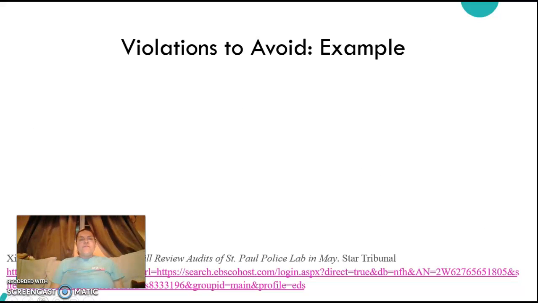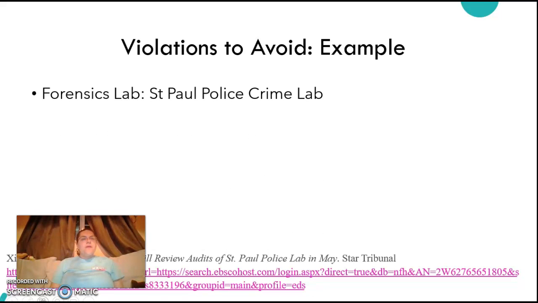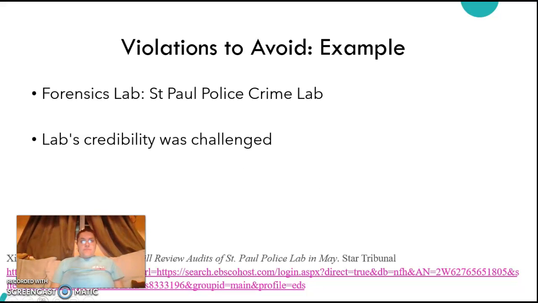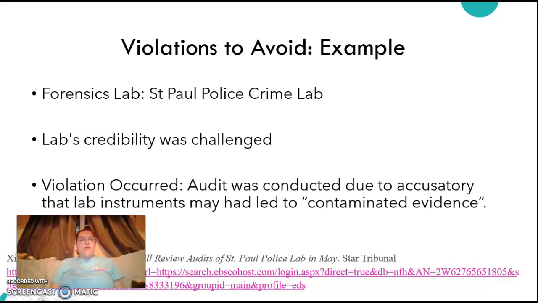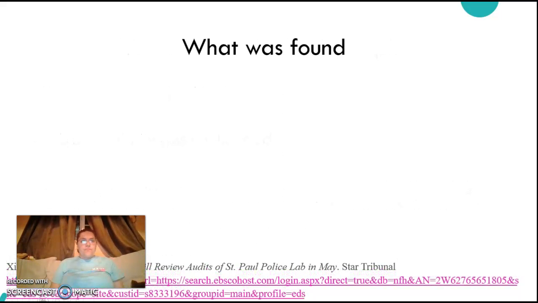So let's talk about the violations to avoid. This is an example of a violation that occurred within an audit. A forensics lab, the St. Paul police crime lab, was challenged about its credibility. The audit was conducted due to the accusation that the lab instruments may have led to contaminated evidence.